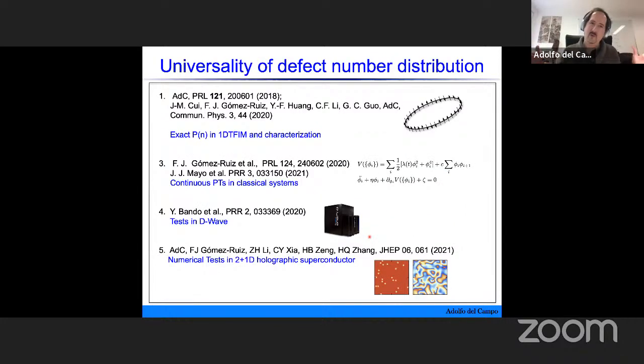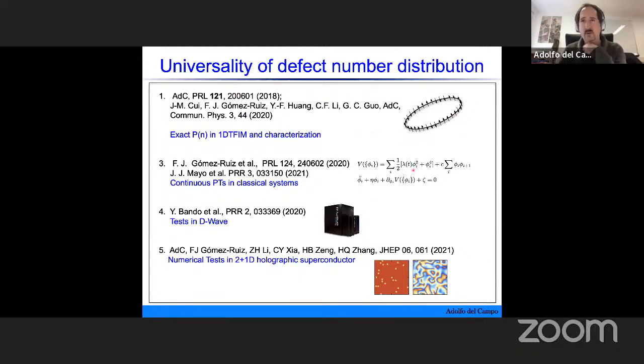Right. So all that I presented so far was only for the quasi-one-dimensional transverse field Ising model, which is integrable, solvable, and you may wonder whether this is just specific to this model or something more general. So we have shown in a series of works that this is actually completely generic behavior. We have done studies in some quantum simulators of this very system, the transverse field Ising model.